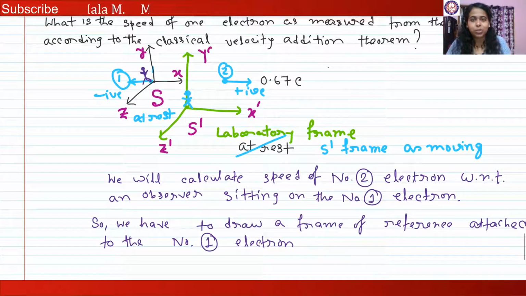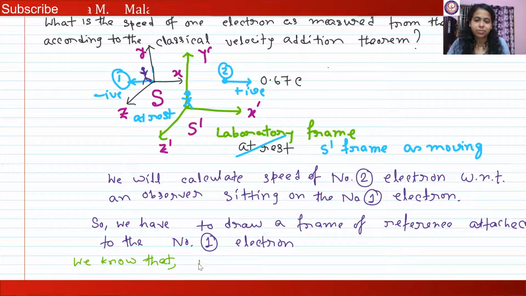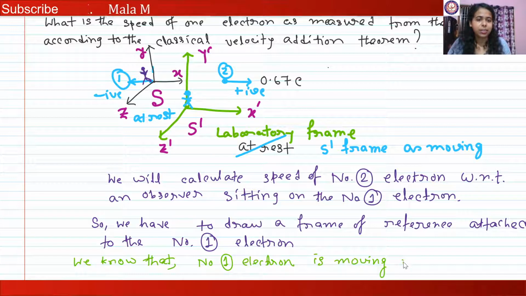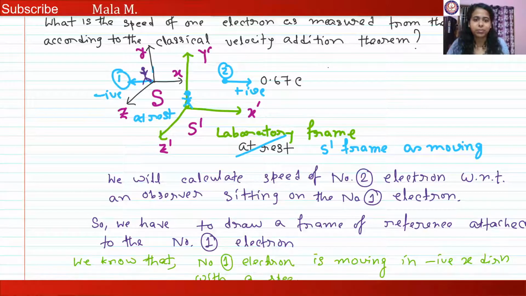How? We know that the number 1 electron is moving in the negative x direction with the speed of 0.67 c.